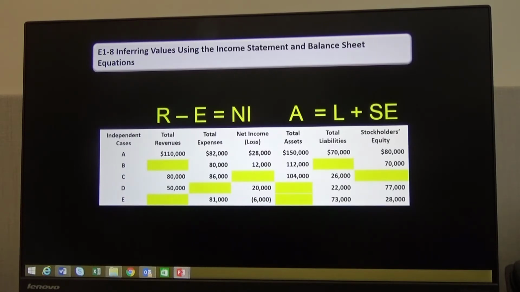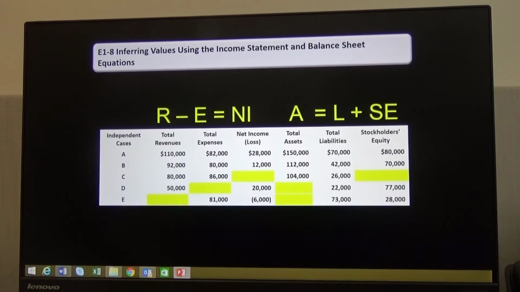And then on the balance sheet side, we're going to take the assets of 112,000 and set that equal to L plus stockholders' equity, and we're going to see what L must be in order to make that work. And so if we use the algebra to do those two equations, we're going to see that the revenues would have had to be 92,000 for that equation to work. And on the other side, the liabilities would have needed to be 42,000 for that equation to work.